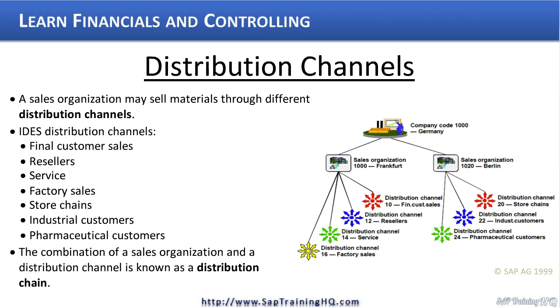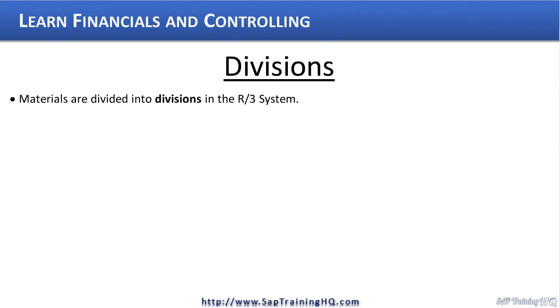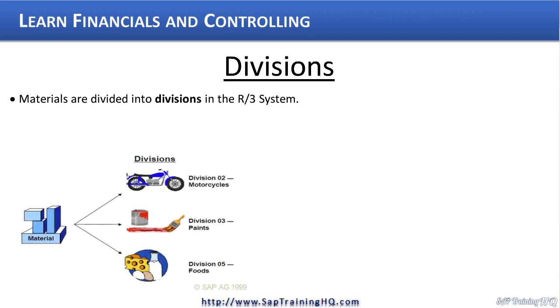Next, let's have a look at divisions within the R3 system. Materials are divided into divisions in the R3 system. This helps in the easy management of a large volume of different materials. For example, the IDAS group uses the divisions motorcycles, paints, and foods as depicted in the image here.